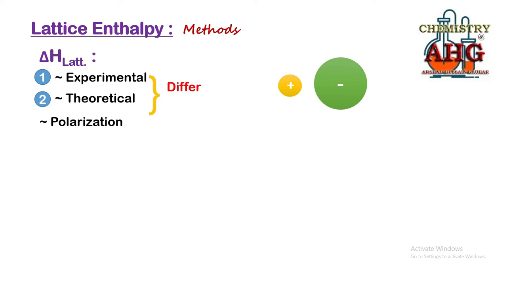What happens whenever a positive ion attracts a negative ion towards itself strongly? The negative ion cannot retain its shape. When the negative ion cannot retain its shape, it is slightly distorted, it is slightly deformed. This distortion or deformation of the negative ion by a positive ion in an ionic compound is known as polarization.